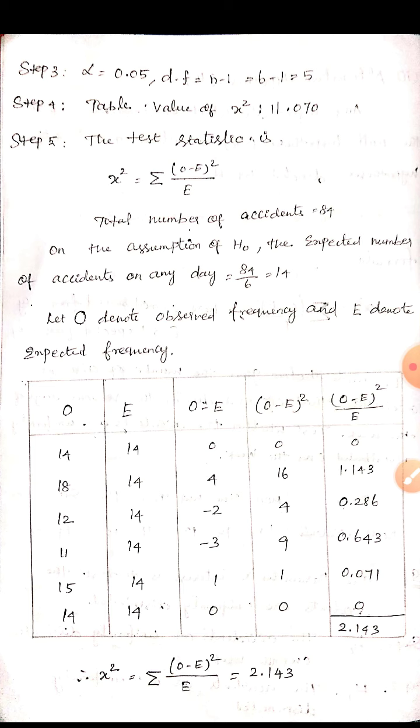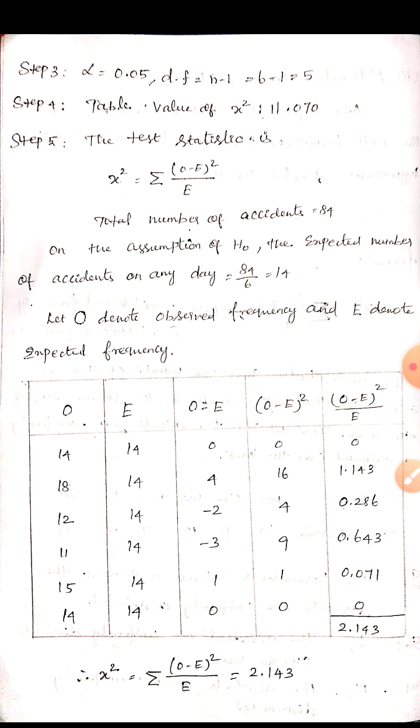Then step 5: this is the chi-square test formula, summation of (O minus E) whole square divided by E, where O is the observed frequency and E is the expected frequency, and the summation applies to the whole expression. Then find the total number of accidents by adding all the data.